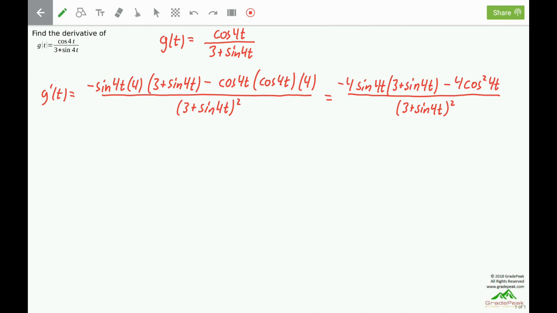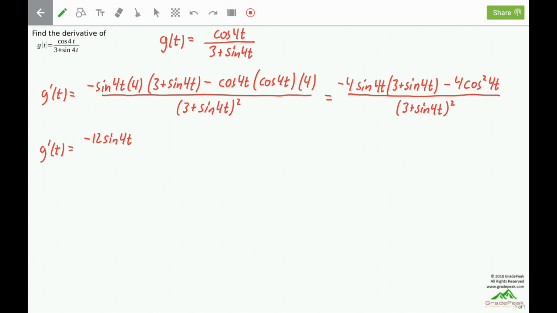Now in the numerator, I'm going to be able to distribute this into all of this. So let's go ahead and do that, because we may be able to simplify this further. Negative 4 sine 4t times a 3 will be a negative 12 sine 4t.